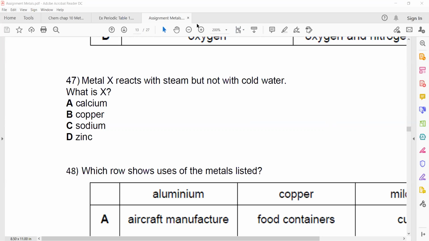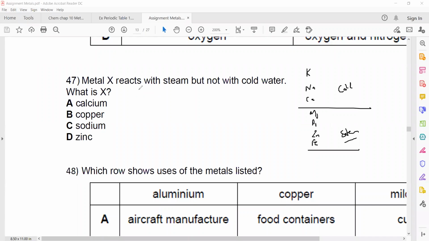Look, when you check the reactivity, potassium, sodium and calcium react with cold water as well as steam. But magnesium, aluminium, zinc, till iron, they can react with steam.